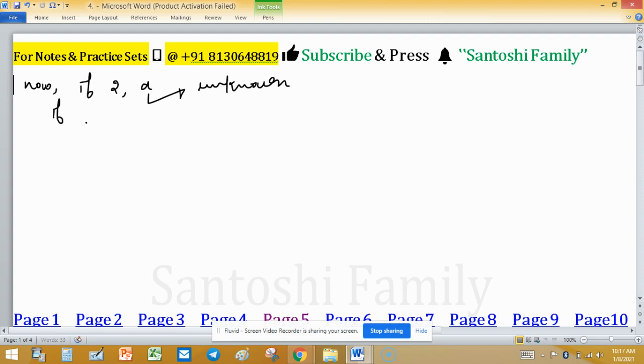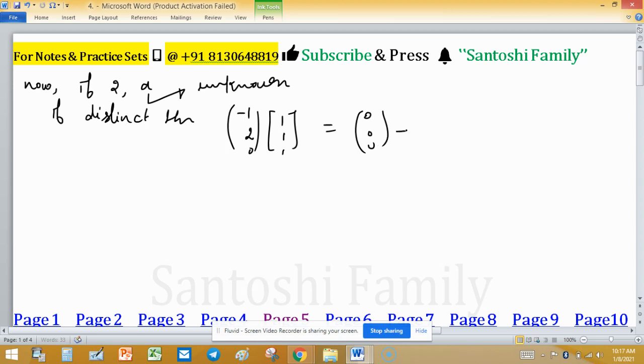If distinct, then (minus 1, 2, 0) dot (1, 1, 1) should equal 0. But minus 1 plus 2 plus 0 is not equal to 0.